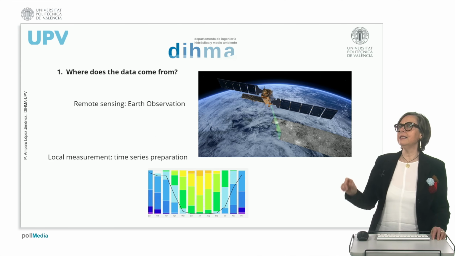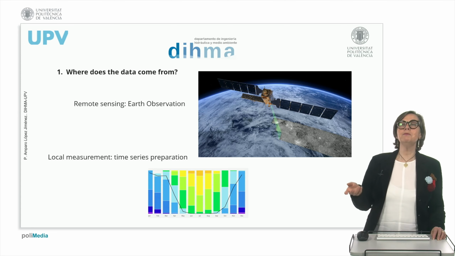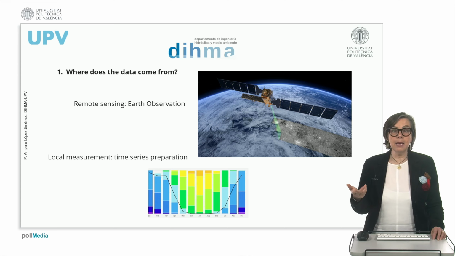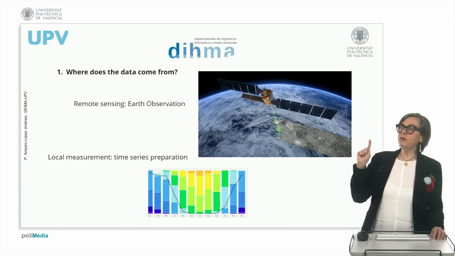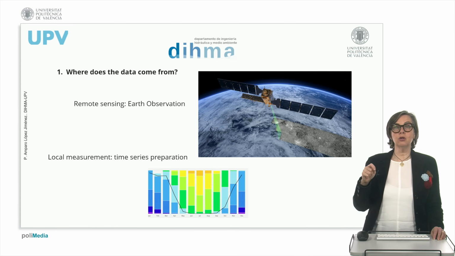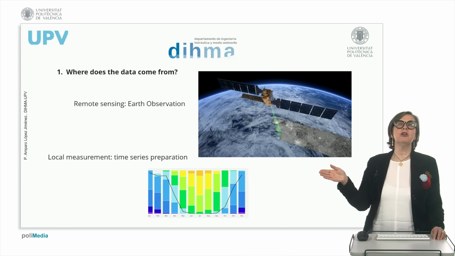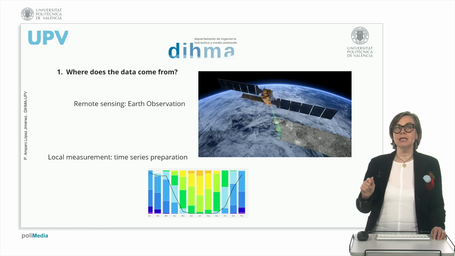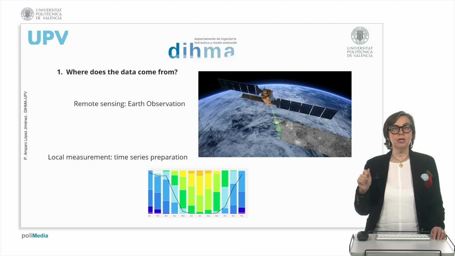So where are data? Data are everywhere, but we must take this data with some sort of apparatus, with something for observation and keeping the data. We can have remote sensing across Earth observation with big numbers of data for environmental applications, or we can have local measurements taken into SCADAs for time series preparation.